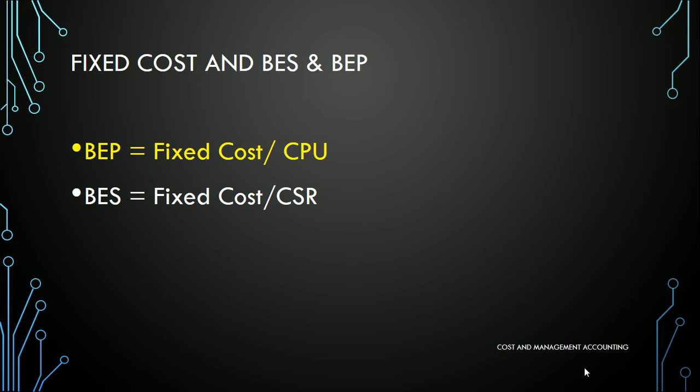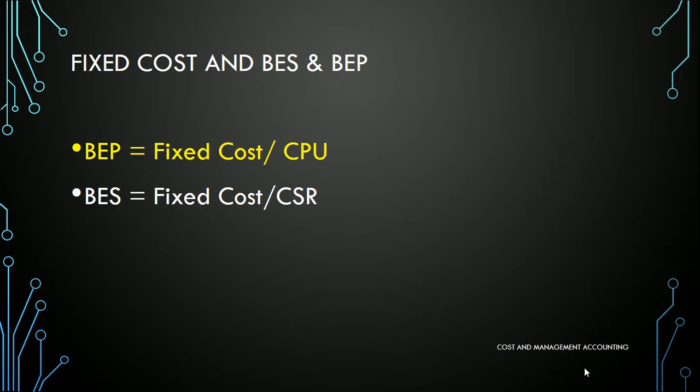We know that the fixed cost has a huge bearing on the break-even sales and break-even point, because break-even sales is fixed cost by contribution per unit or contribution to sales ratio, and break-even point is fixed cost by contribution per unit. So in the short run, since the fixed cost remains constant, in case of a change in the fixed cost, there will be an effect on the break-even point.